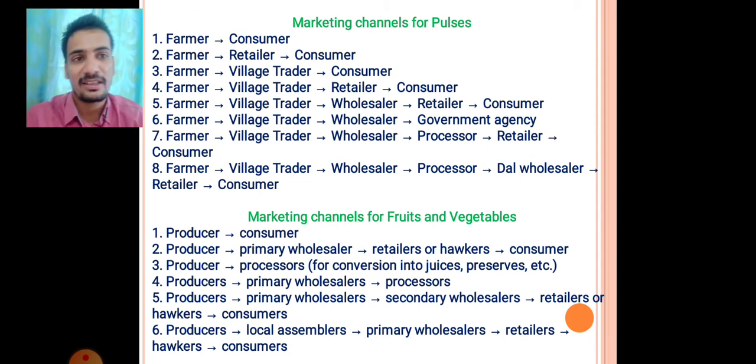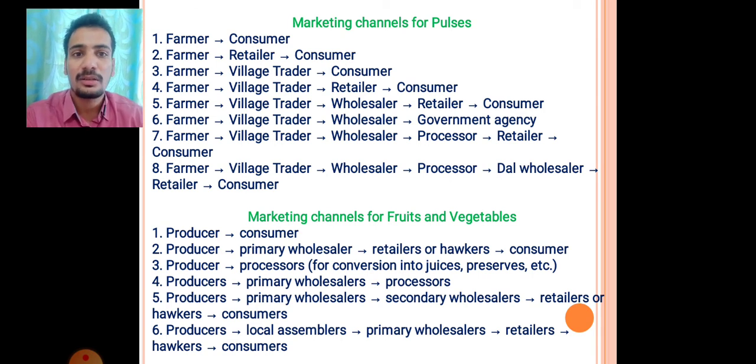Now marketing channels for fruits and vegetables. The marketing of vegetables and fruits is totally different from the marketing of food grains, that is, cereals, pulses, oilseeds, etc. In this case the first channel is producer to direct consumer. Second, producer to primary wholesaler, then retailer or hawkers, who are agents, then consumer.